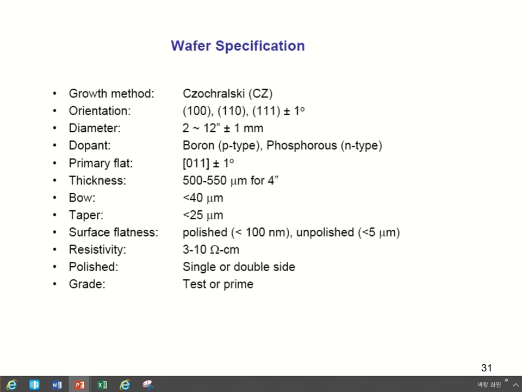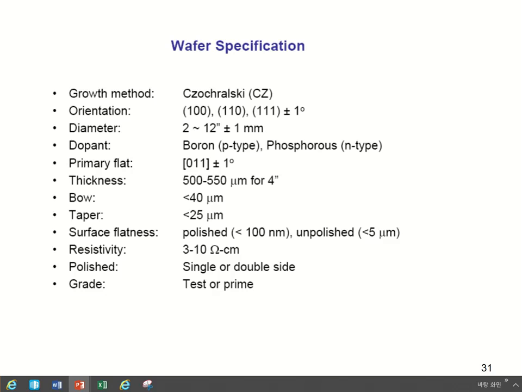You have a primary flat, and then depending on the orientation, you have a secondary flat. I already talked about this. Thickness is usually half a millimeter for 4 inch, and there are some thinner and thicker wafers maybe available elsewhere.